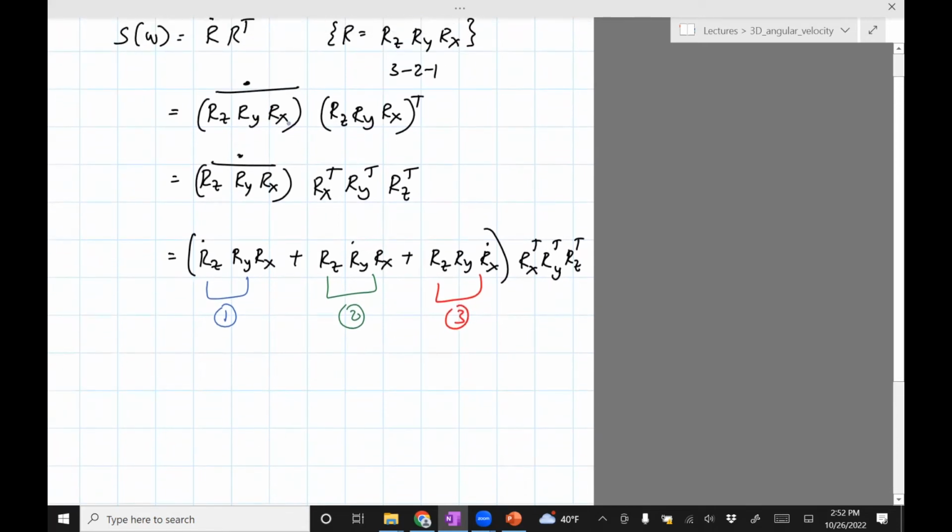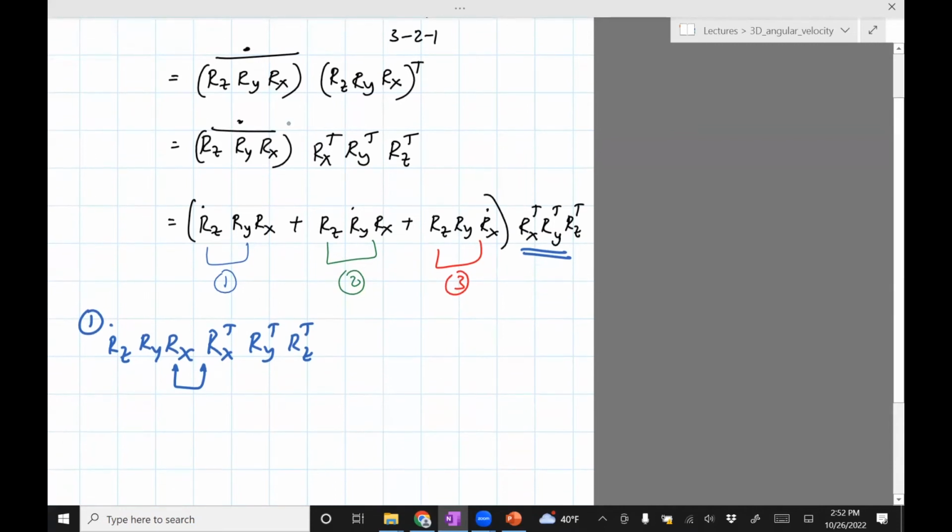So the first term, we have RZ dot RY RX, but you should not forget these which are outside. So it's going to be RX transpose RY transpose RZ transpose. Now you notice that RX times RX transpose is identity. After that, you'll see that RY RY transpose is also identity. And so you'll be left with RZ dot RZ transpose.